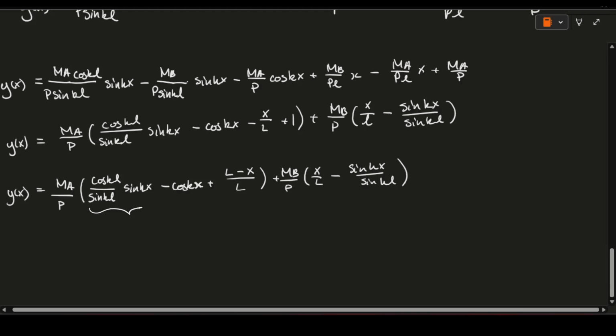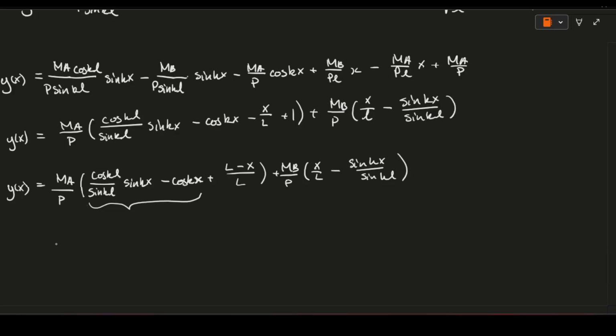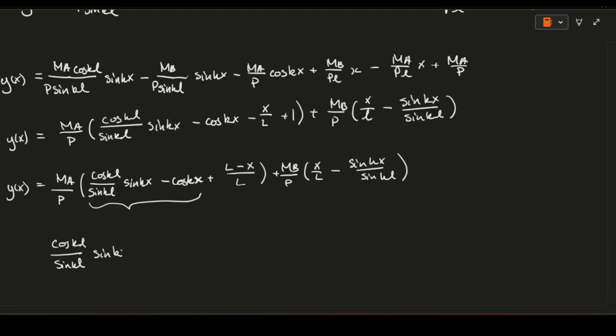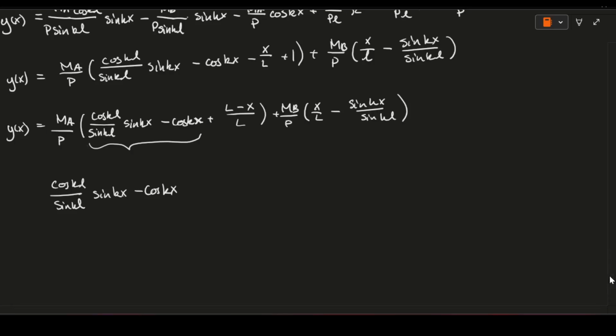So this part I can write in a simpler way. We have cosine KL over sine KL times sine KX minus cosine KX. This term I can rewrite in a much simpler way.